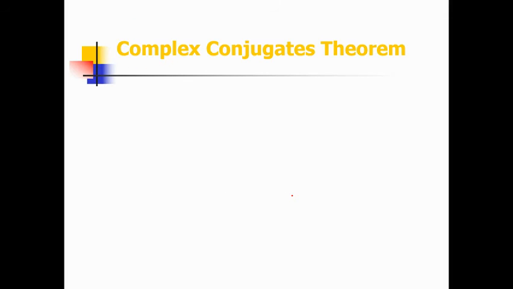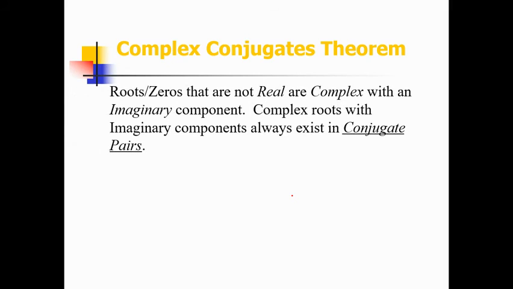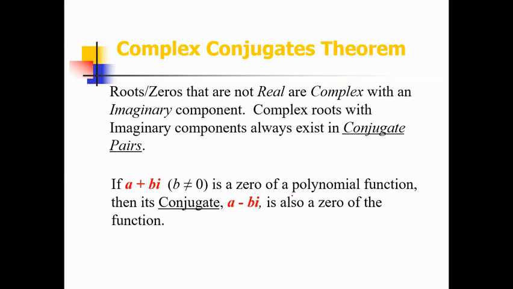So for the complex conjugates theorem, what that really means is that zeros that are not real are complex with an imaginary component. Complex roots with imaginary components always exist in conjugate pairs. Notice that we had an a plus bi and an a minus bi, and that's why they're conjugates.